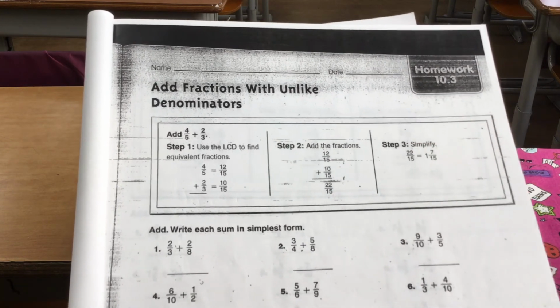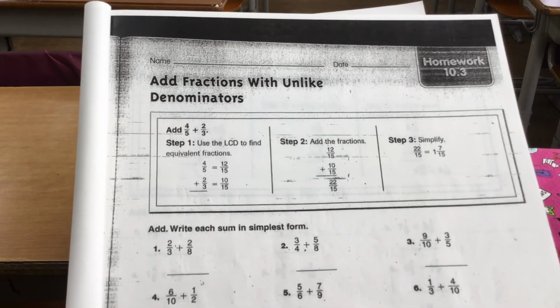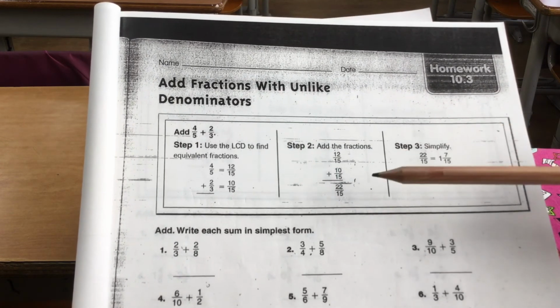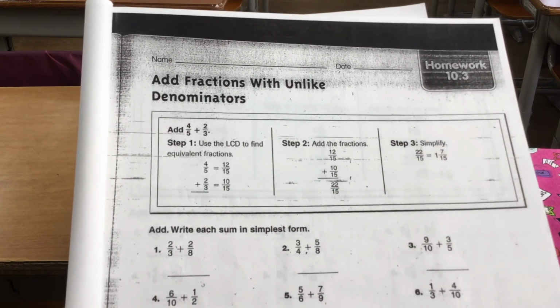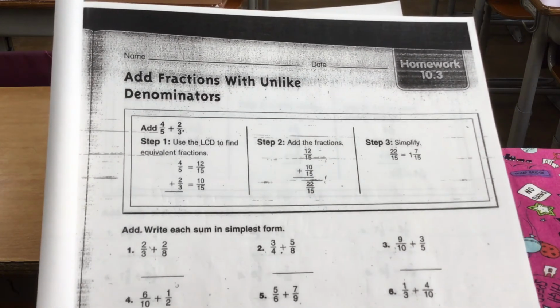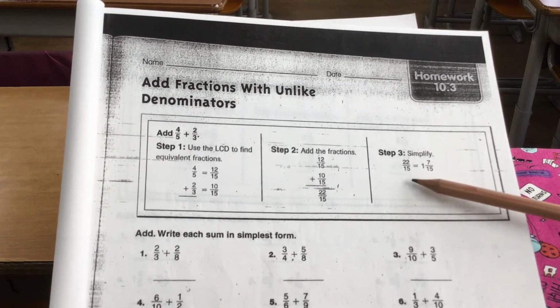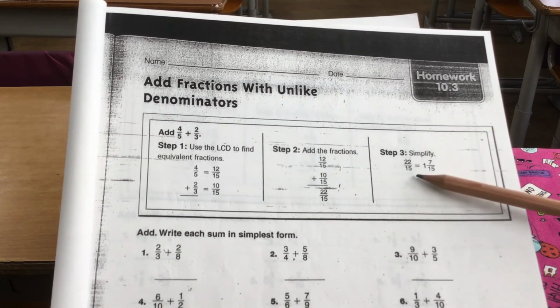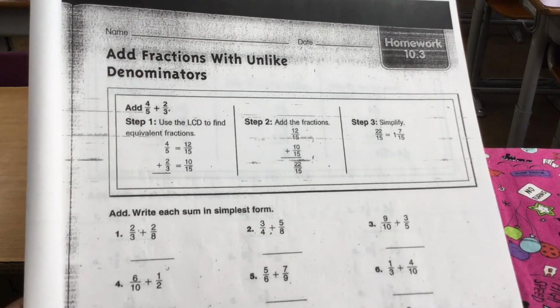Then step 2, add the fractions. 12 over 15 plus 10 over 15, that's going to give you 22 over 15. That's an improper fraction. So remember to change all improper fractions into mixed numbers, which is what they did in step 3. To simplify, 22 over 15 is equal to 1 and 7/15.